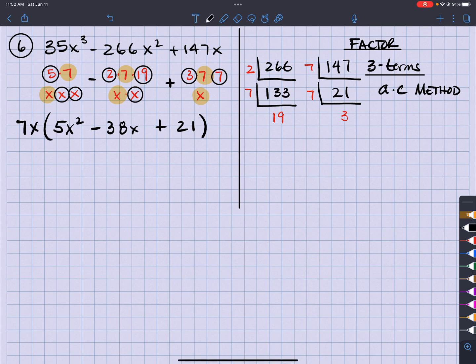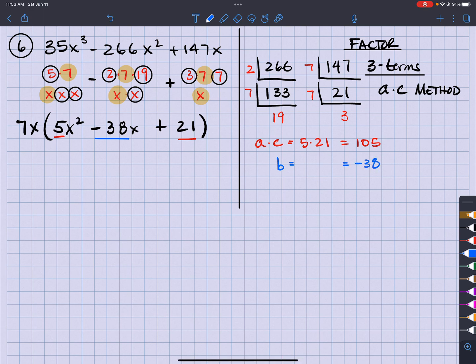All right, so here as I look at it, I have my A and my C, and here's my B. All right, so A times C is going to equal 5 times 21, which is going to give me a 105 positive, and my B is going to give you negative 38.